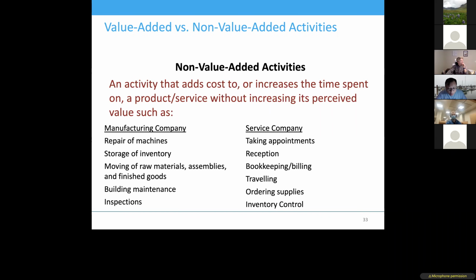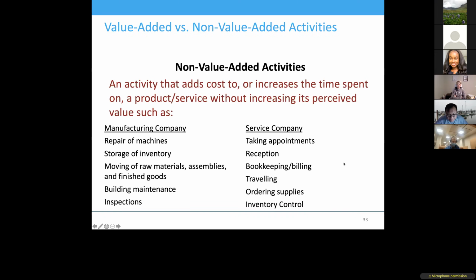It's very important, but it doesn't add value. People never go to a lawyer because of the reception. They go for the lawyer themselves. Exactly.